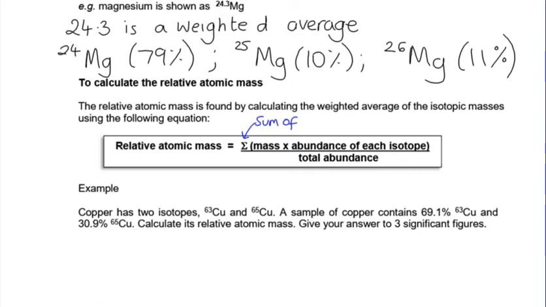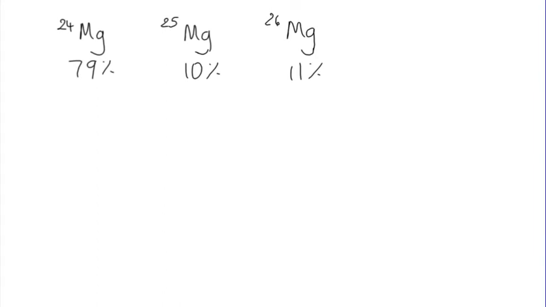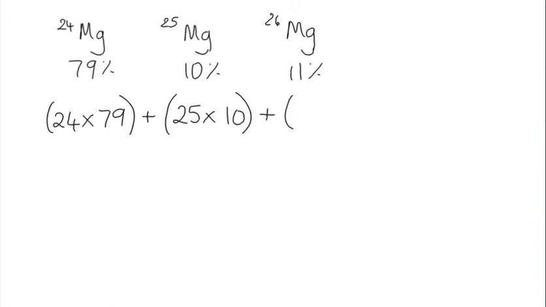So before we have a look at this example, why don't we try it with the magnesium? So these are our numbers. If we've got 79%, or in every 100 that means 79 of them weigh 24, we could times the mass by the abundance, and then we're going to add that to the fact that 25, the mass times the abundance, there's 10 in every 100 weigh 25, and then we could add that to the mass times the abundance of the last one, and we're going to share that out between the entire sample.